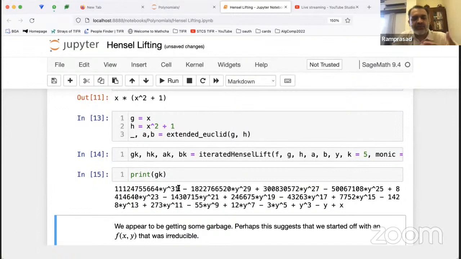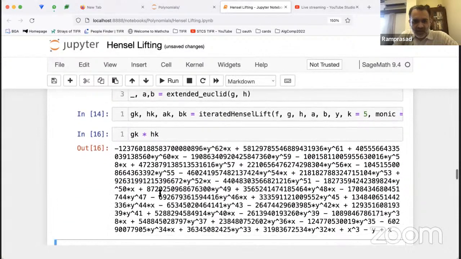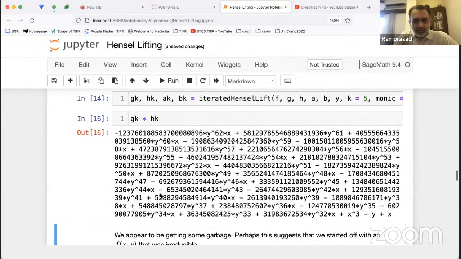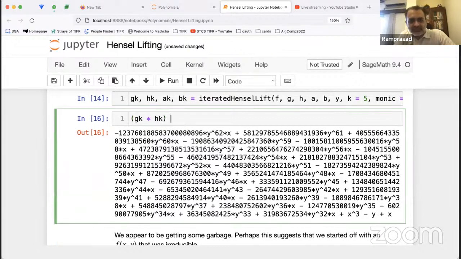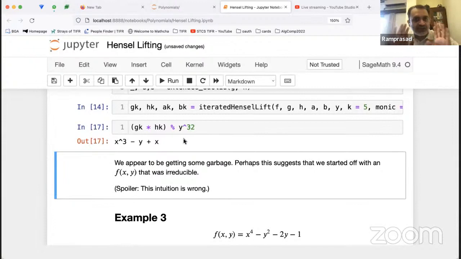Because every time, you are only looking for a factorization mod y to a power. For example, if you look at gk times hk, you end up with some ugly polynomial. But notice that besides x cubed plus x minus y, the rest of the terms are all divisible by y to the power 32. So if I do mod y to the power 32, you just end up with the original polynomial f.